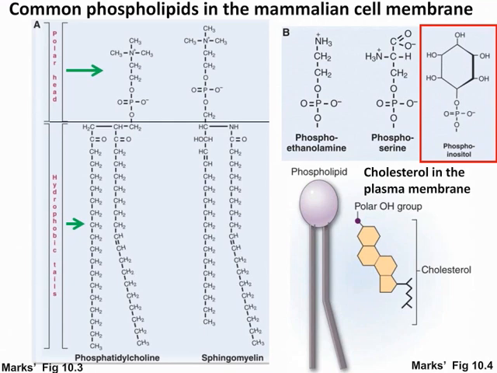On the inside of the plasma membrane, you have your hydrophobic tail. If you look at these two in picture A, you have phosphatidylcholine and sphingomyelin. Remember, those are on the outer leaflet. And then in picture B, it's not shown, but it will be phosphoethanolamine, phosphoserine, and phosphoinositol. So just know your different head groups, but he's not going to test you on any of those structures.